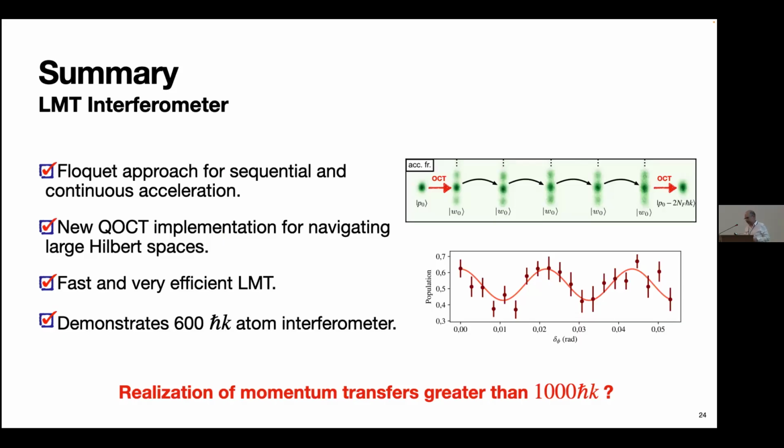So now I'm coming to the end of my talk. I've shown you that with the Floquet formalism, you can describe very well an acceleration from Bragg diffraction to Bloch oscillations. I also tried to convince you that it is a very efficient way to implement optimal control for a large Hilbert space.